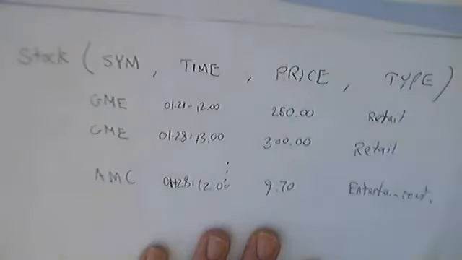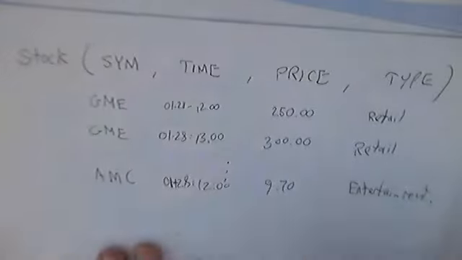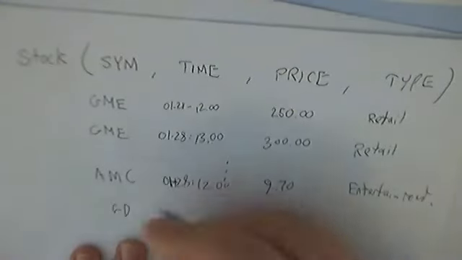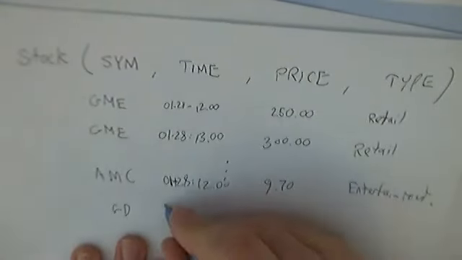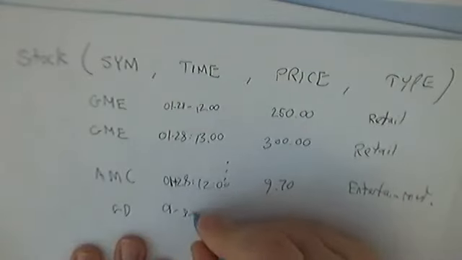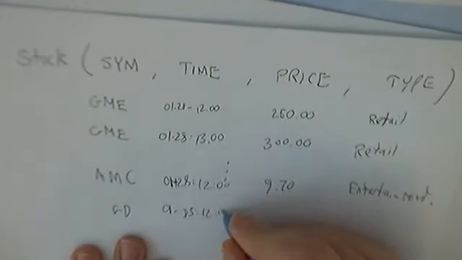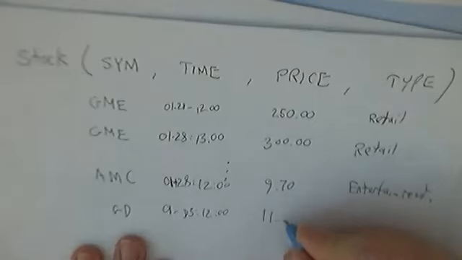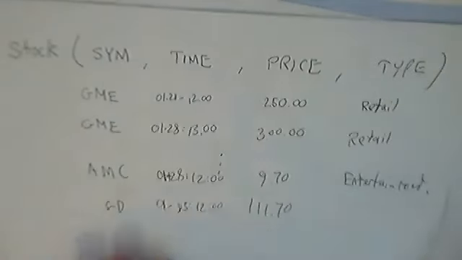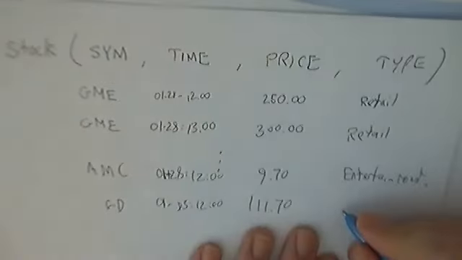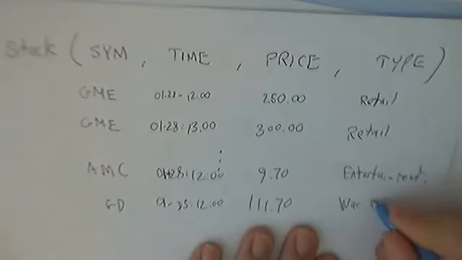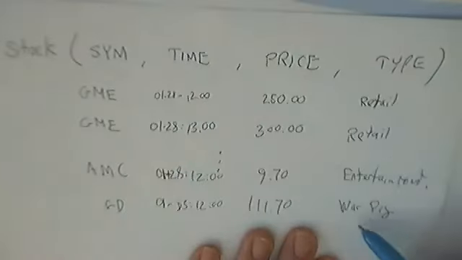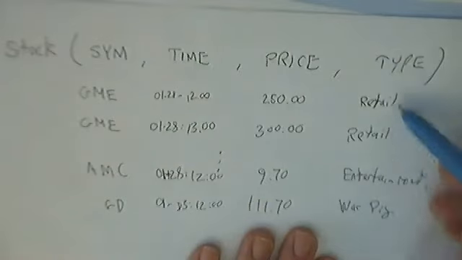So we might have retail, entertainment, and let's say GD, that's General Dynamics. I don't know what their price was, let's say $111.70. And then their type is War Pig. So we have the War Pig type, the entertainment, and the retail.